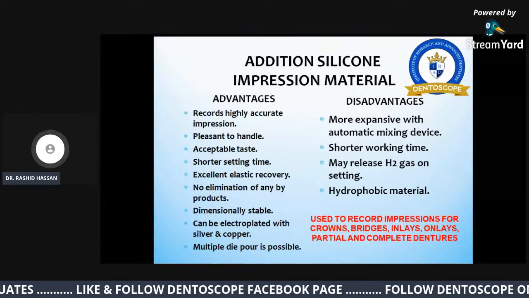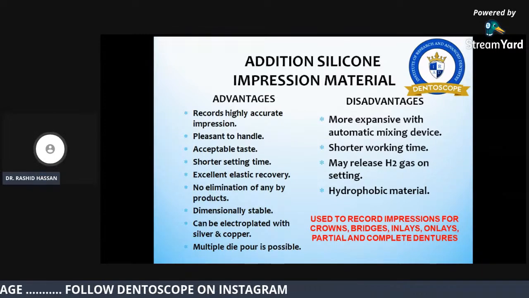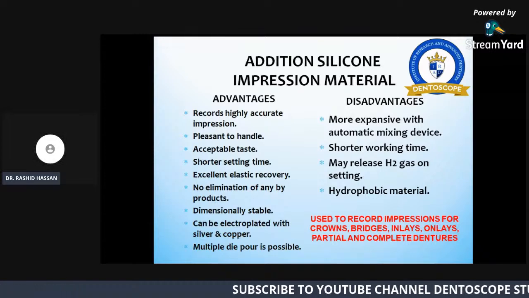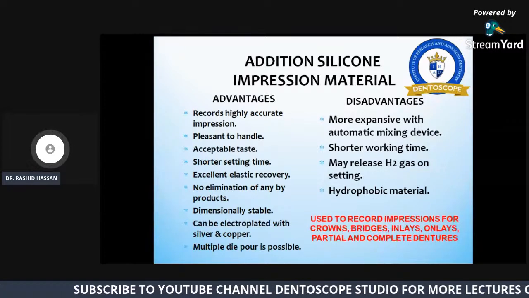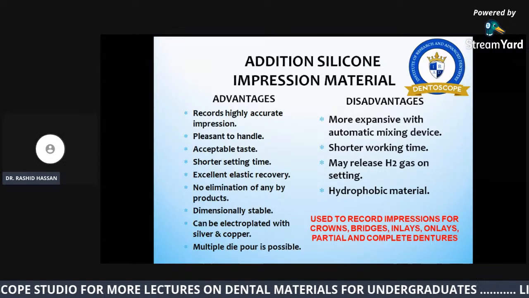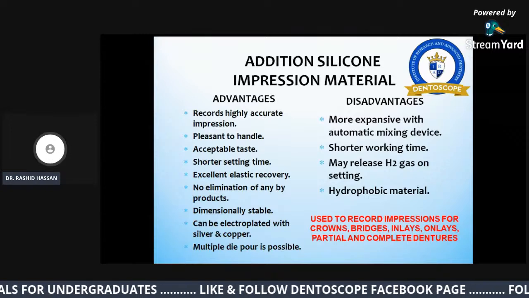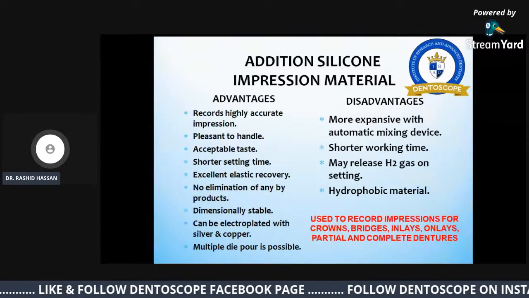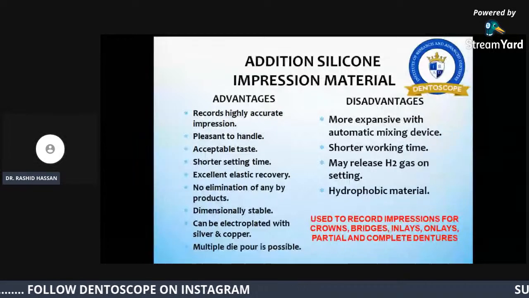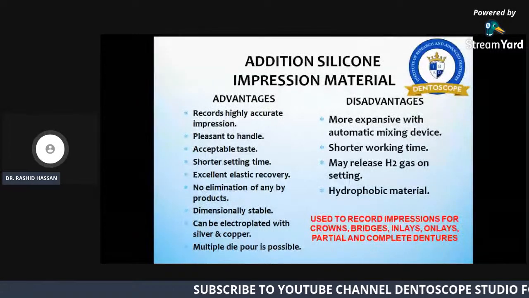So he should be very expert in mixing these elastomeric impression materials, because they have shorter working time, especially this addition silicon one. In some cases, it may release hydrogen gas because of the vinyl group in the chemical formula of the addition silicon. So it is very rare as well. It is hydrophobic material. So all these disadvantages are very, very small, you can say, as compared to the advantages.